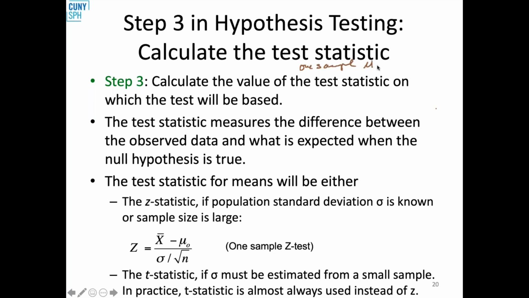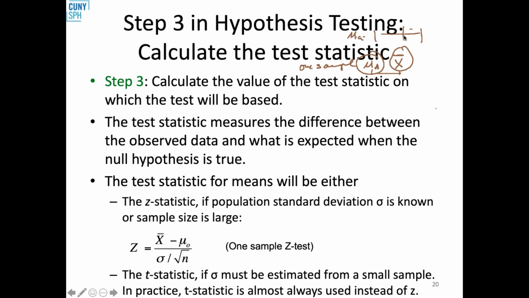I knew what the mean of group A was, right? And I wanted to compare it to the mean of group B, but I don't really know the mean of group B. I only know the mean of my sample, right? So I want to know how far apart the mean of my sample is from the mean of the other population.